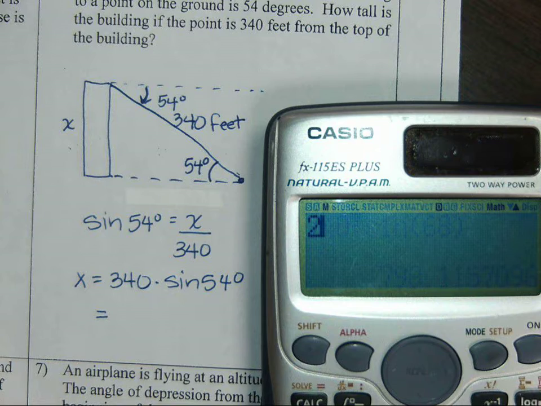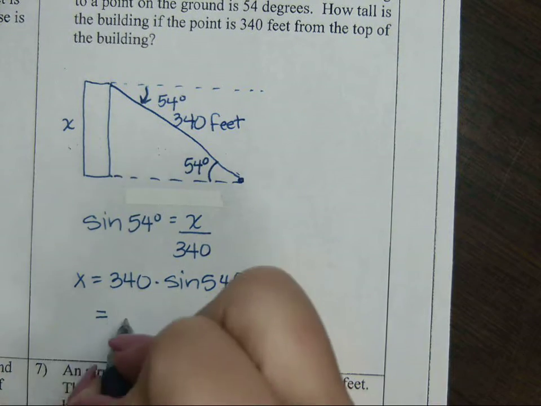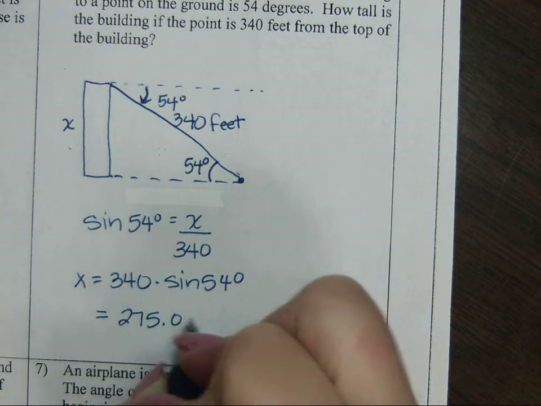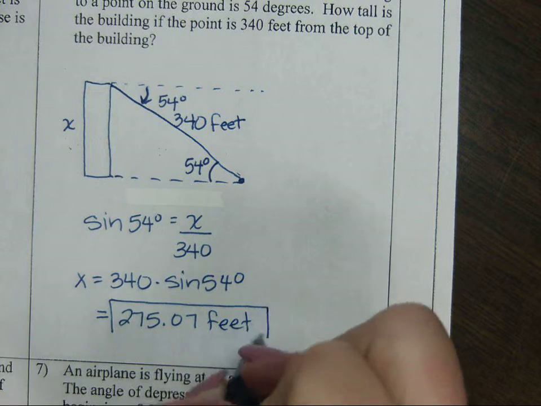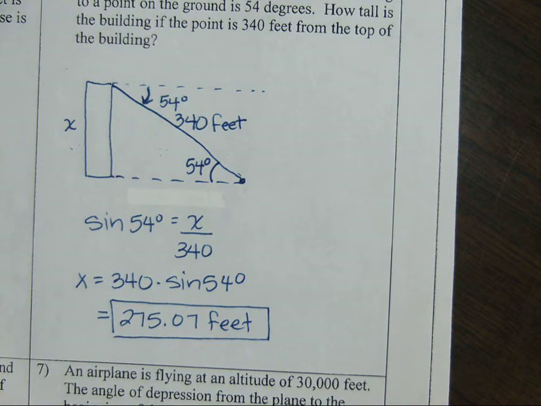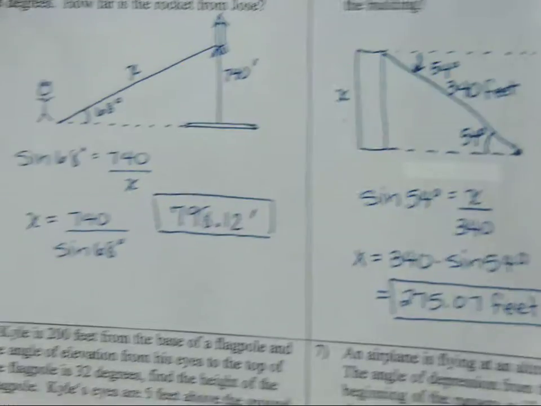So 340 times the sine of 54, and I get 275.07. And that is approximately how tall the building is, which is what it asked. So be careful. Make sure that while you're working on these, you take your time and label the correct sides.